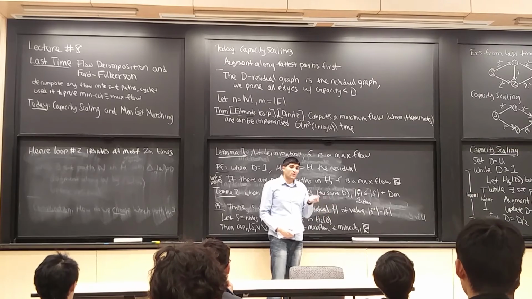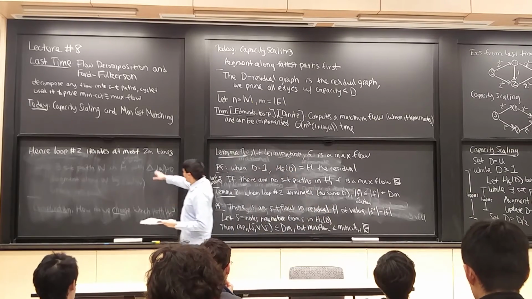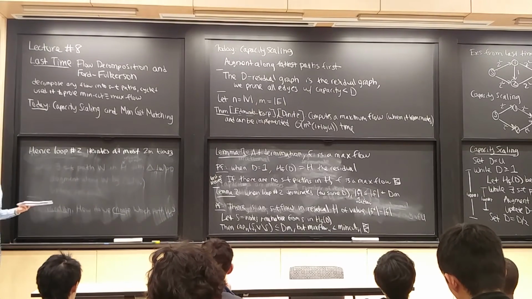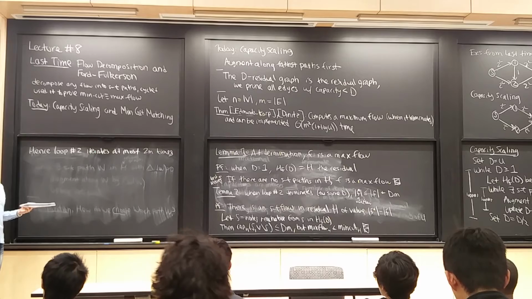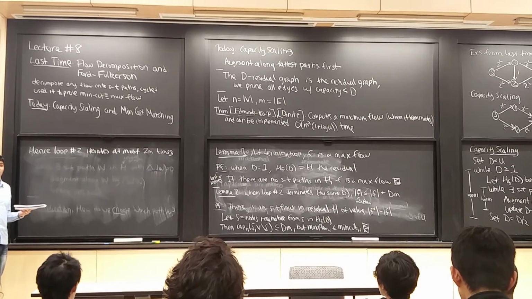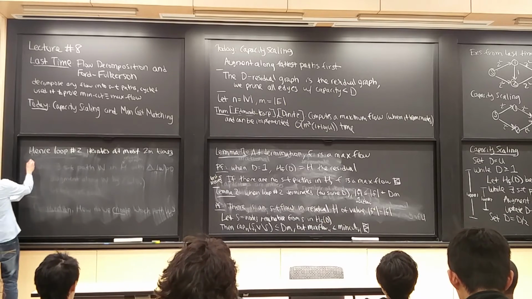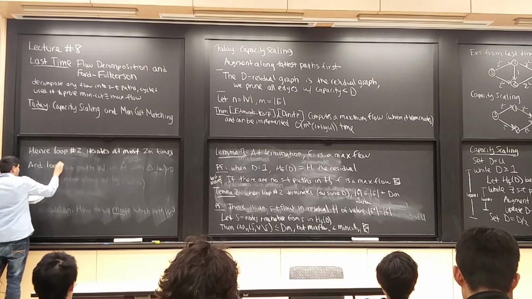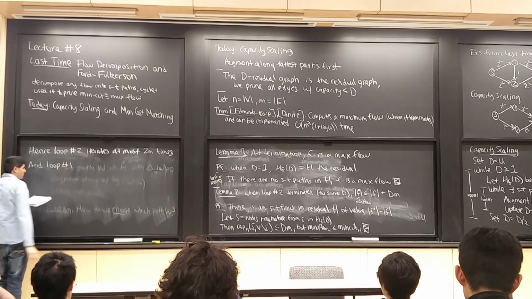So every time we augment, we get D over 2. And that's where this extra 2 comes from: loop 2 can't iterate that many times without exceeding the budget of whatever the max flow is. And loop number 1 is very easy to bound. How many times does loop number 1 run?